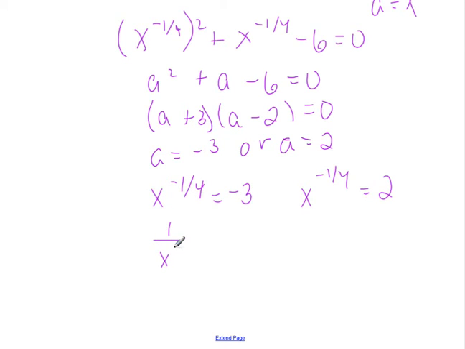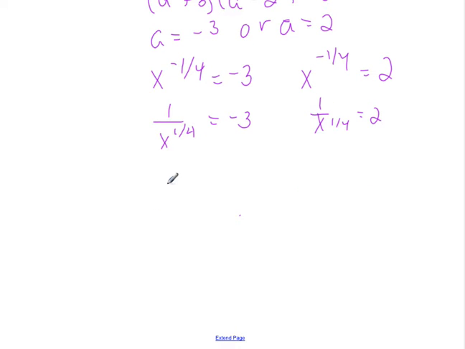So this is 1 over x to the 1/4, that's equal to negative 3, or 1 over x to the 1/4 is equal to 2. So I'm going to flip both sides of these equations, and that gives me x to the 1/4 equals negative 1 over 3, or x to the 1/4 is equal to 1 over 2.